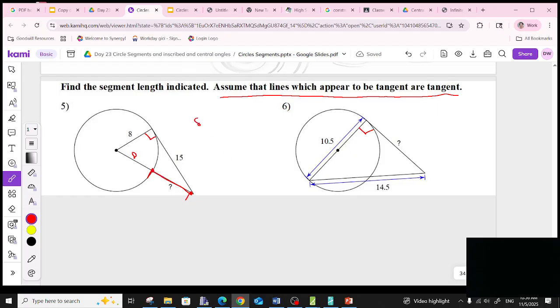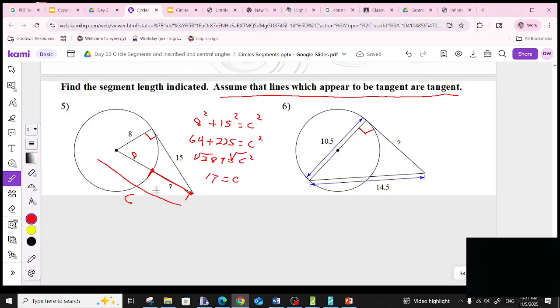So you would do 8 squared plus 15 squared. This will give you c squared, which would be the whole length. So 64 plus 225 equals c squared. 289 equals c squared. What's the square root? So c is equal to 17.